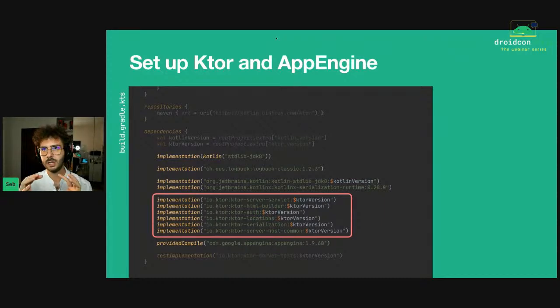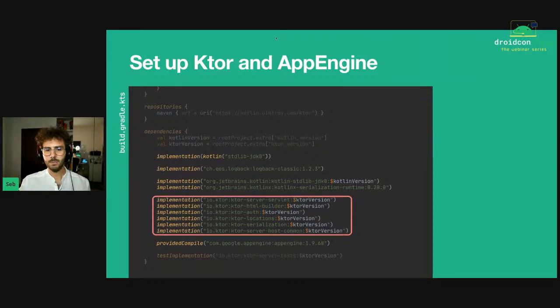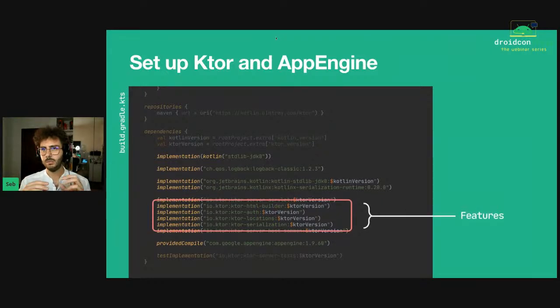That's because Ktor, as I mentioned, is very modular and very pluggable and has the concept of features that we're going to look at a bit more in detail in a second. But the idea is that those 4 things that we see here are features. For example, the HTML builder that we will use to return HTML, the authentication, we have locations, another thing we're going to see in a second.